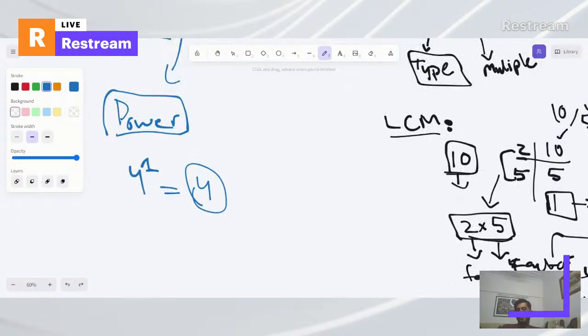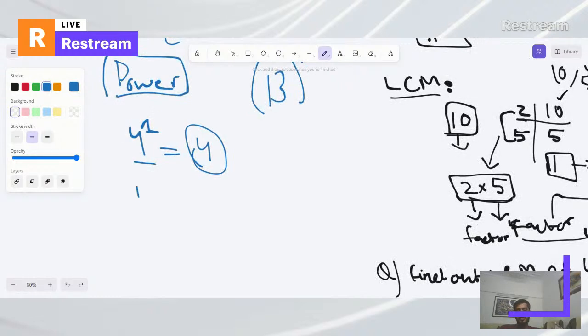So if I write down a random number like 13, it should be understood that it has a power of 1. If I write down a number like 4, it should be understood that it has a power of 1. If I say a number has a power of 2, what do I mean by that? Instead of 1, now it's 2. What do I mean by that?